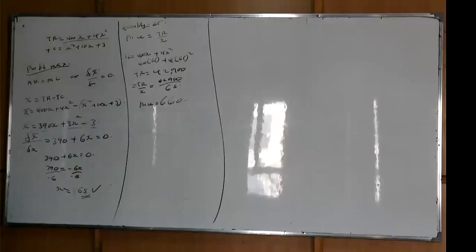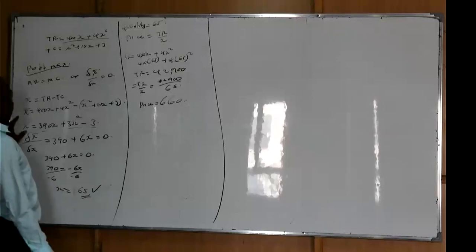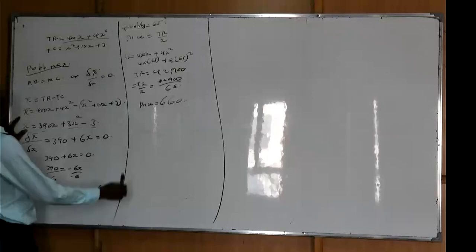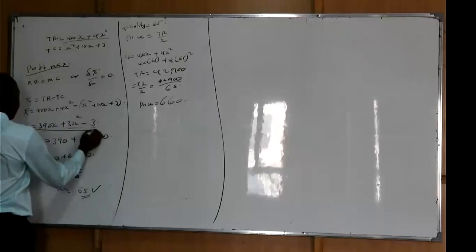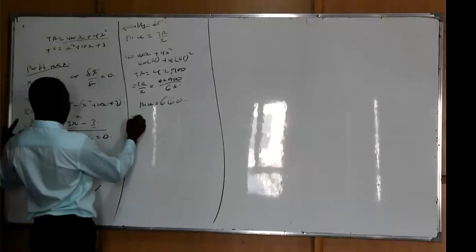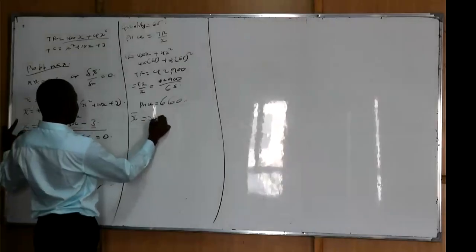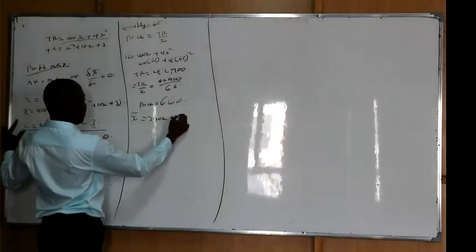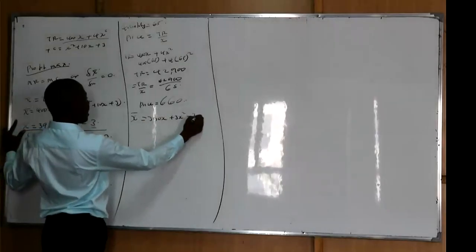Then the last part was to get the amount of profit. So you take the profit function, which is this. The profit function we got is 390x plus 3x squared minus 3.